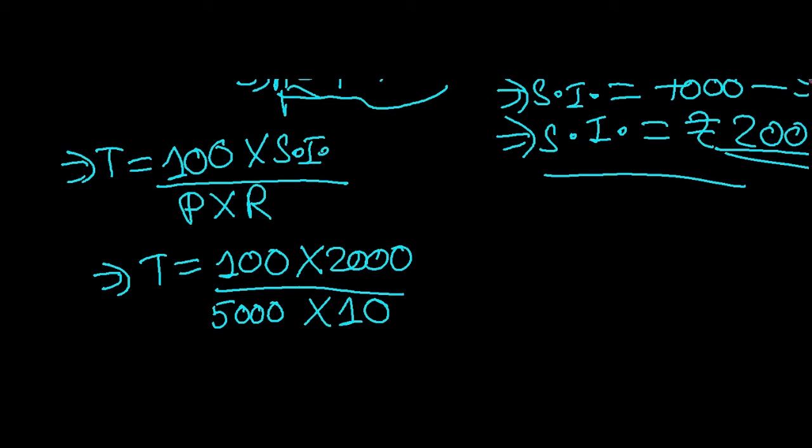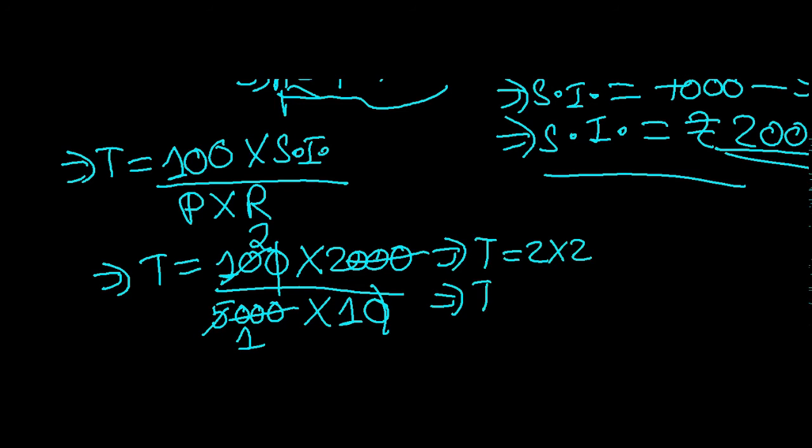Again, the 10 by 100, the 10 is written here, the 100 is already written here. Now friends, let's calculate. We'll cut these 3 zeros. Now we are left with 5 ones are 5, 5 twos are 10. T is equal to 2 into 2, which is T is equal to 4 years. Friends, don't forget to write this years here. So this is the answer for years.